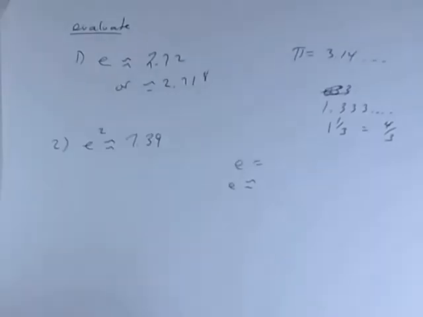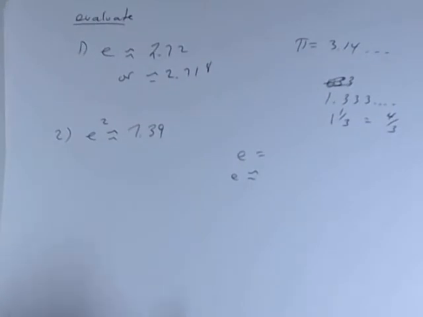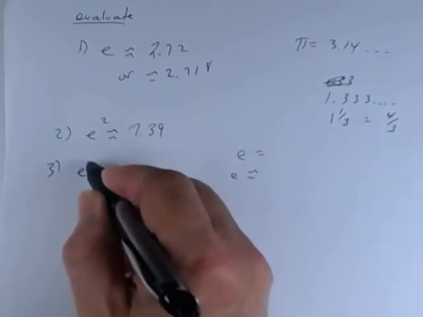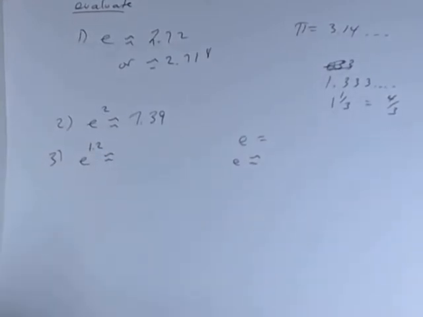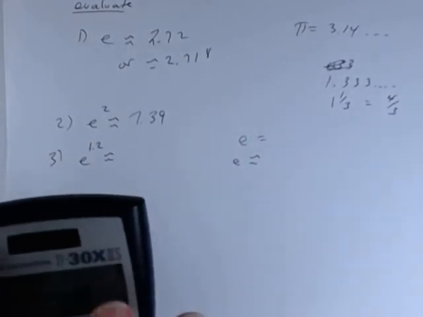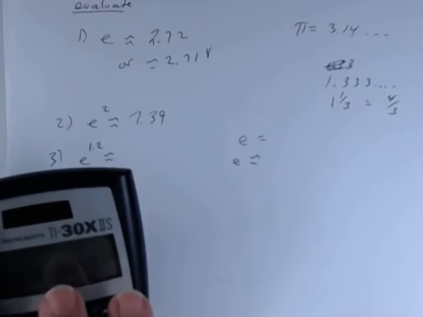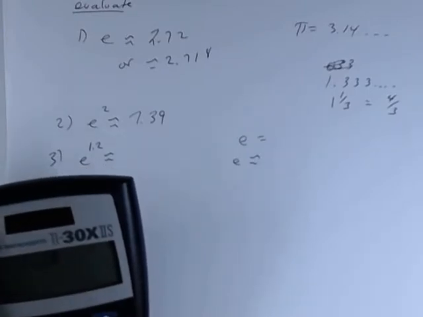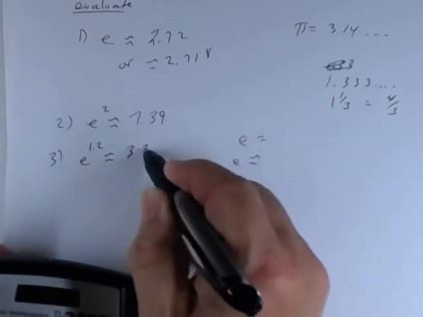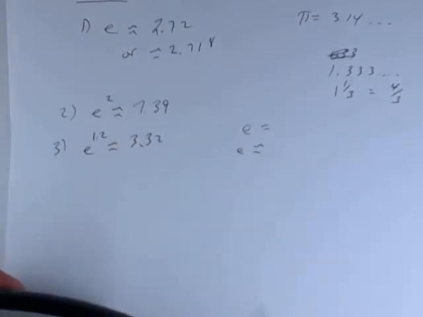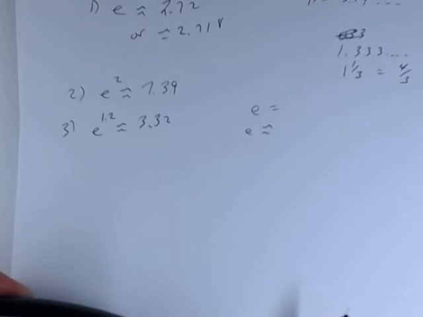All right. What about E to the 1.2 power? So second, Ln 1.2, you'll get 3.32. Make sure you get it on your calculator.